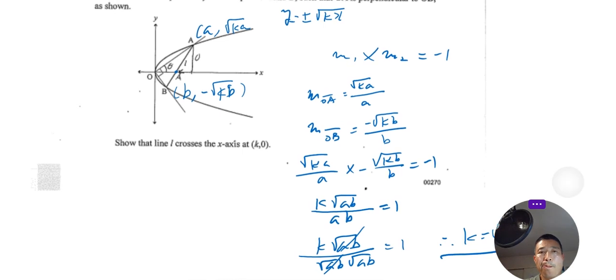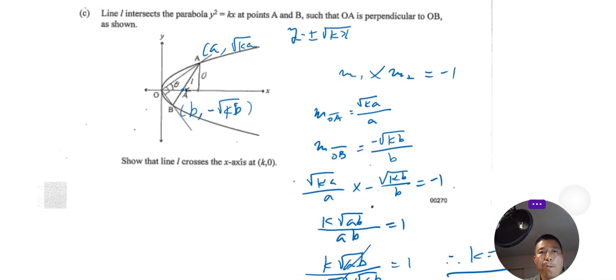Now, to find the x-intercept, we have to find the equation of AB. To do that, we start with y equals mx plus c, right?